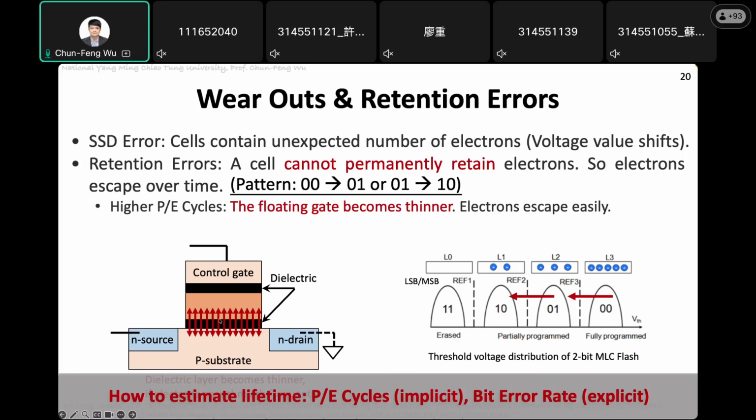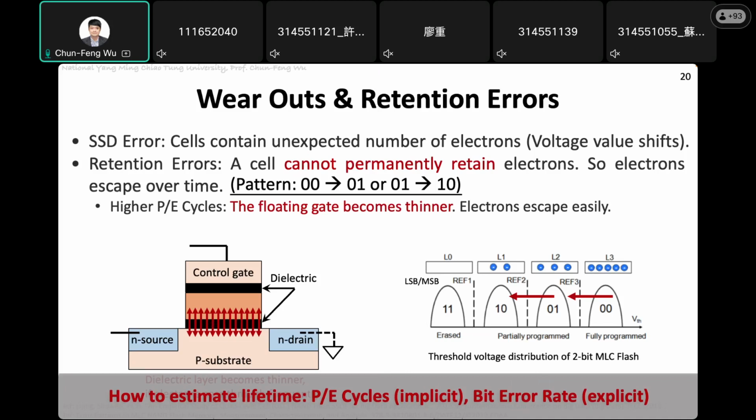Maybe some are super healthy because their dielectric layer is very thick at the very beginning, so even with 100 PE cycles only a small portion of it wears out. But other cells, at the moment they are manufactured, already have a thinner dielectric layer than others. So with the same PE cycles, they will probably have more problems compared with those with a thicker dielectric layer.